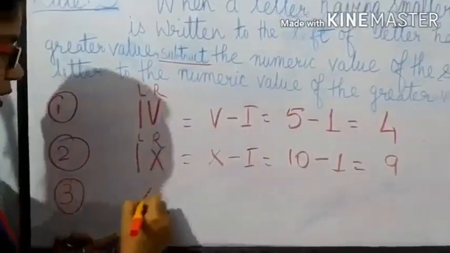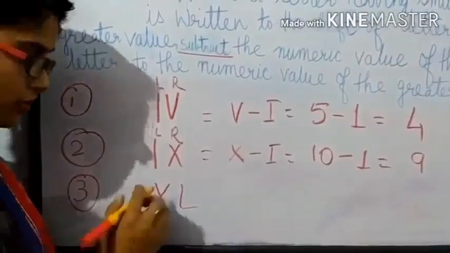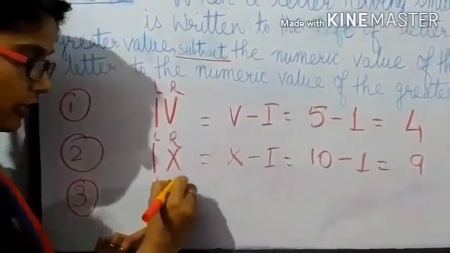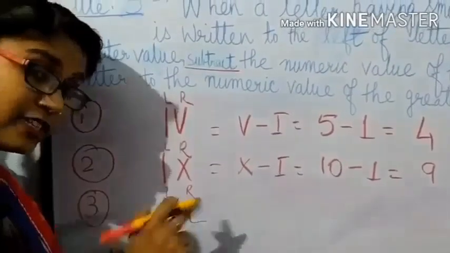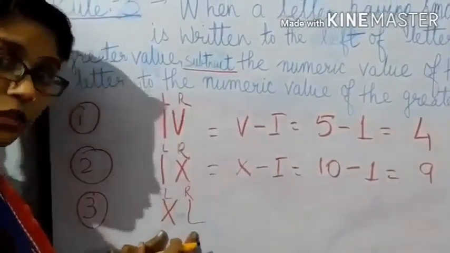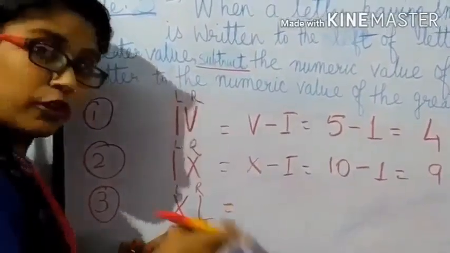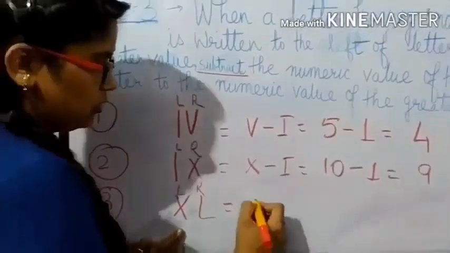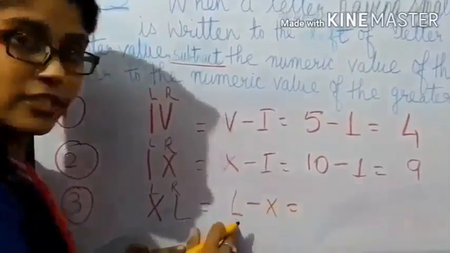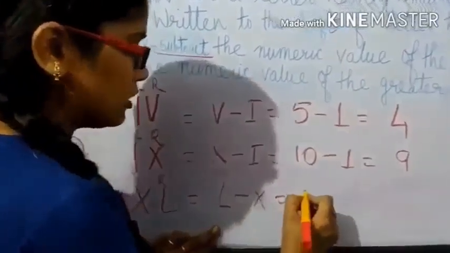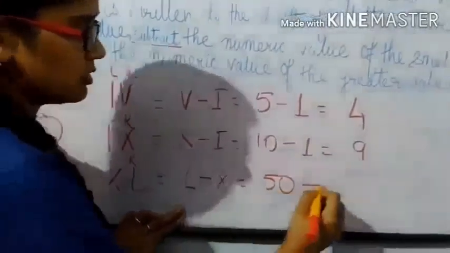Now the next example, XL. Since X is on the left side, L is on the right side, and X has less value than L, so we will subtract X from L. So L minus X. Since L is equal to 50 and then minus, X is 10.